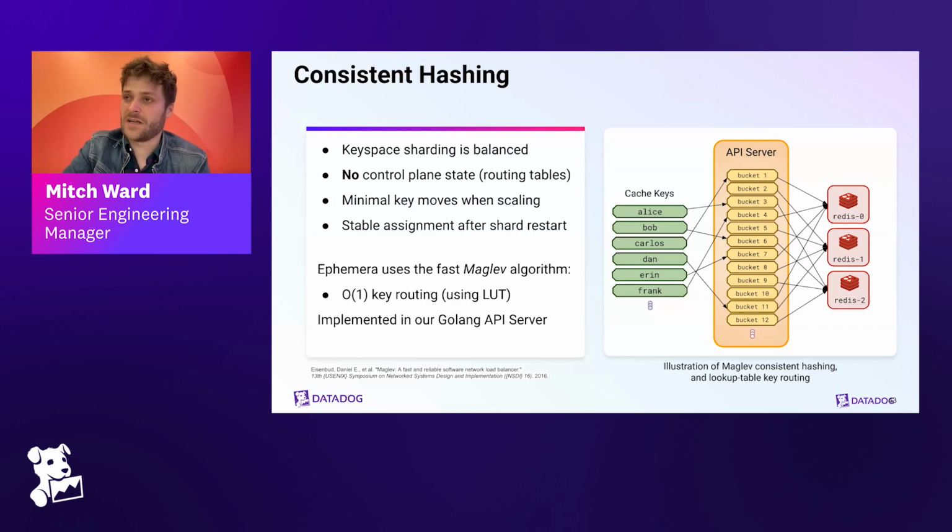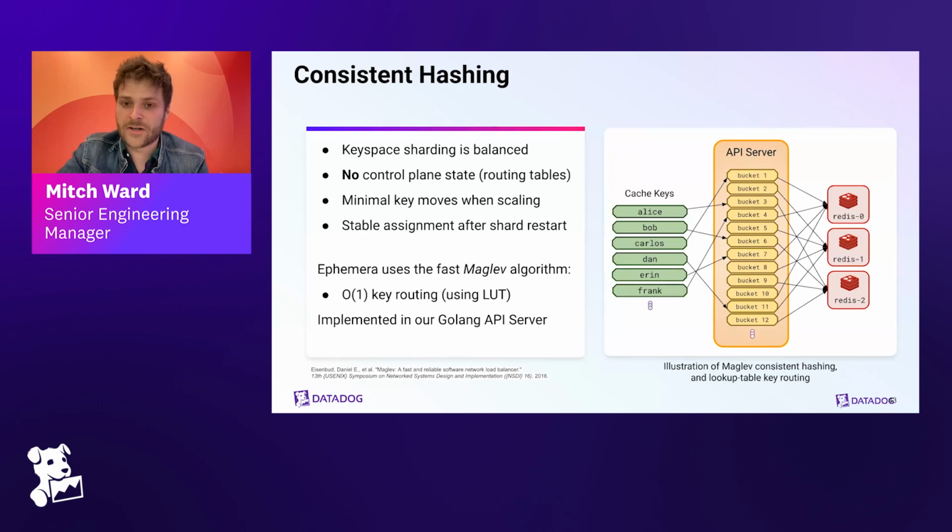If you imagine something like range-based sharding, usually that would require a routing table or something of the sort. But here with consistent hashing, it's all a bit of mathematics to decide. Some of the properties of a favorable consistent hashing algorithm, in addition, is that there's minimal key moves when you scale.